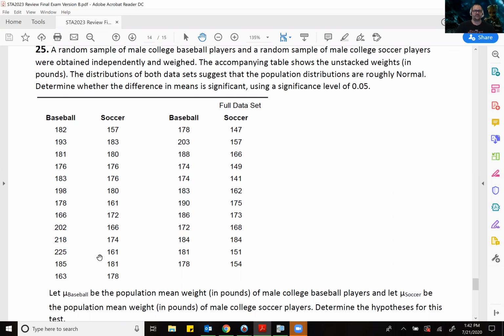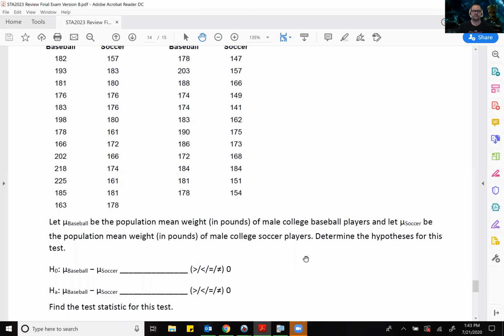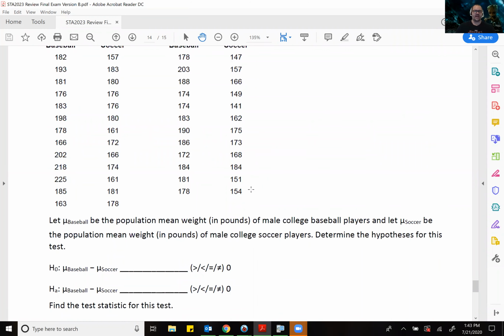All right, so it says let mu basketball be the population mean weight of male college basketball players, and let mu soccer be the population mean weight in pounds of male soccer players. So the hypothesis test, because we want to see is the difference significant? So in other words, is not the same is what they're saying.